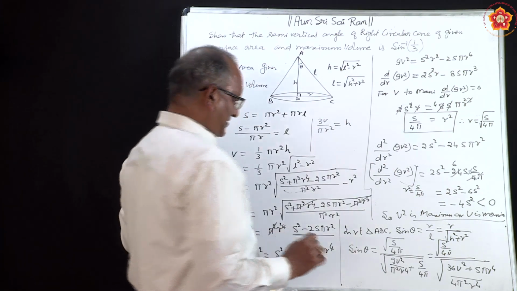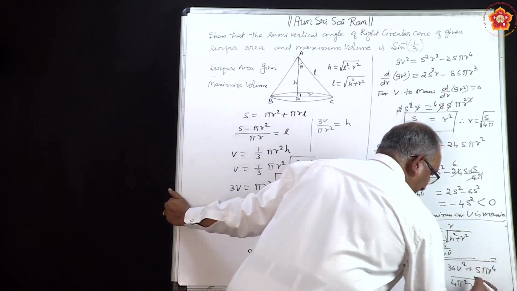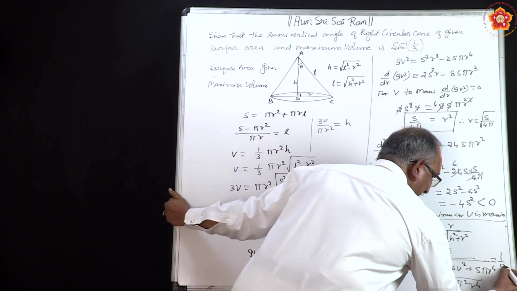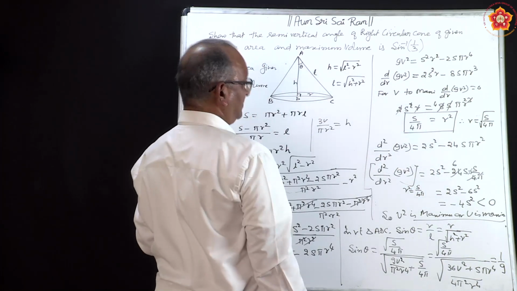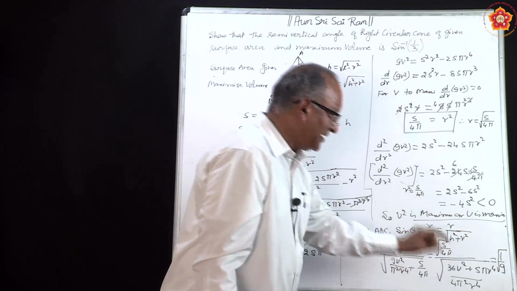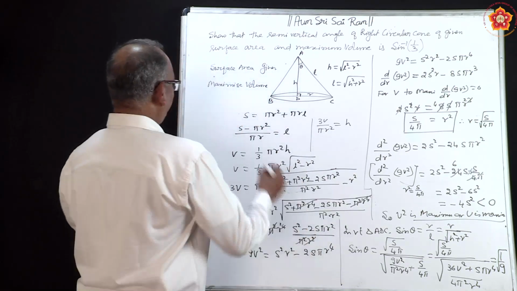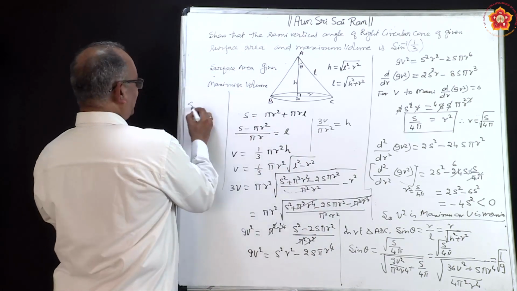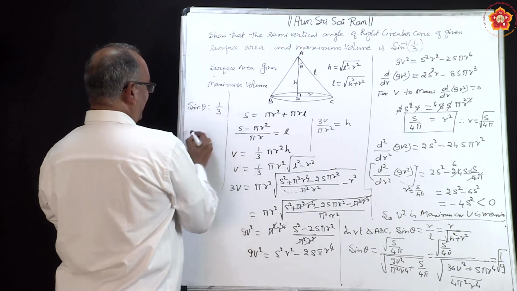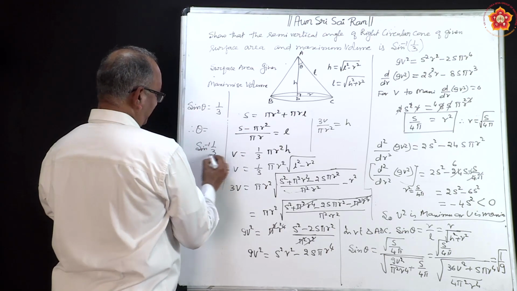You simplify it further, by substituting the value of v here, you are going to get 1 by 9 square root, because all other terms will get cancelled when you simplify it. So, the final answer is, we got finally sine theta equal to under root of 1 by 9, which is nothing but 1 by 3, hence theta is equal to sine inverse of 1 by 3.